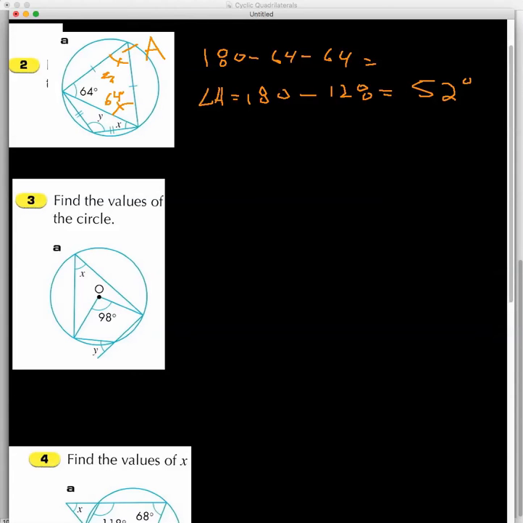And now, if you look at this shape, you have 1, 2, 3, and 4.